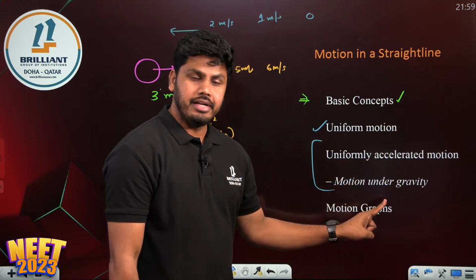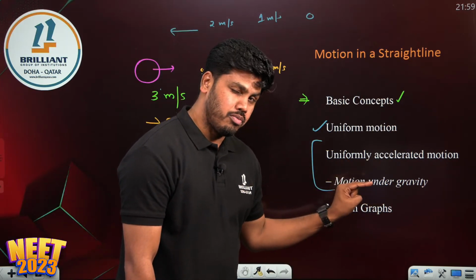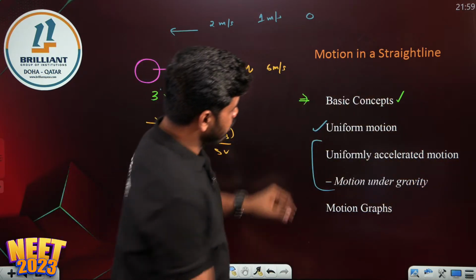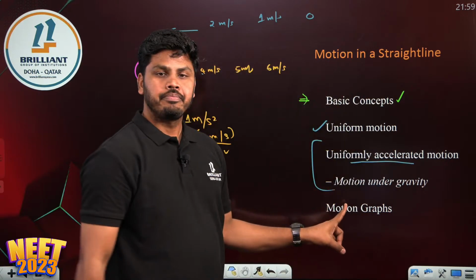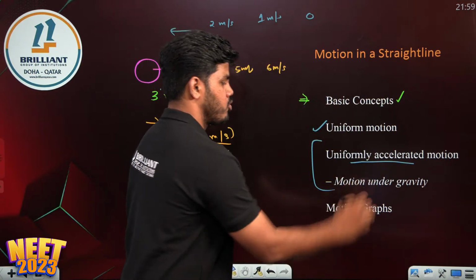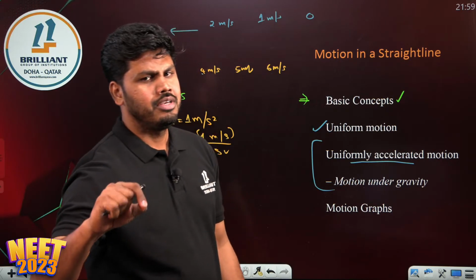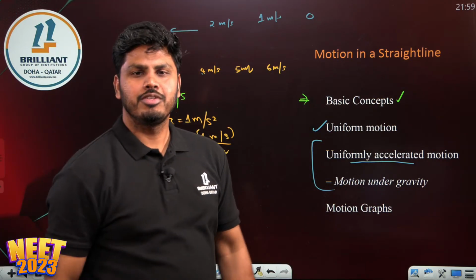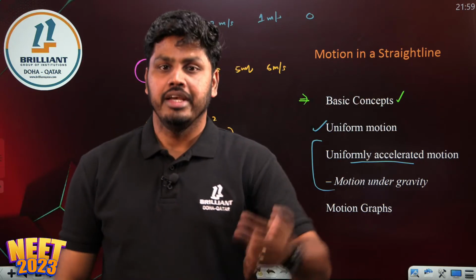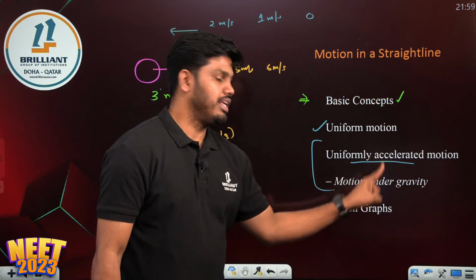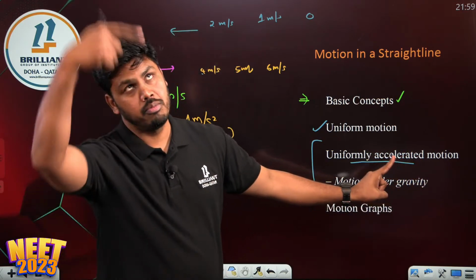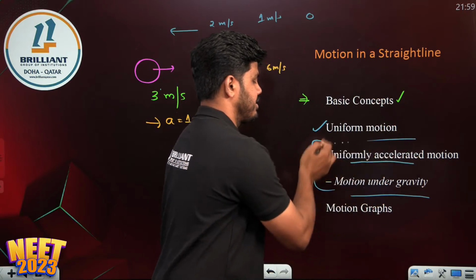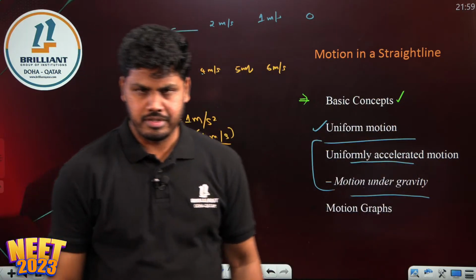An example of non-uniform motion is uniformly accelerated motion, a special kind of non-uniform motion, and its example is motion under gravity. Any body which is dropped from a height or thrown vertically upward is moving under gravitational force. It is an example of uniformly accelerated or uniformly decelerated motion, right? We get repeating questions from that part.